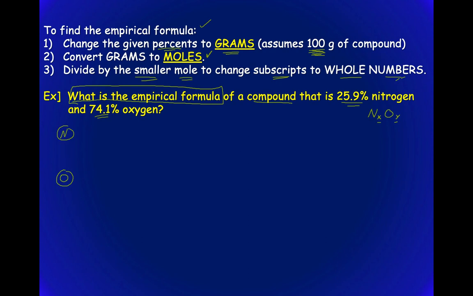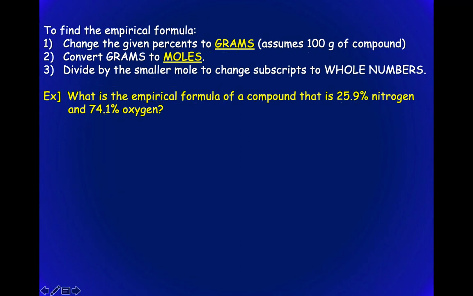So first step, I'm going to take my percentages. So I have 25.9% nitrogen. I'm looking for N and I'm looking for O, these variables.